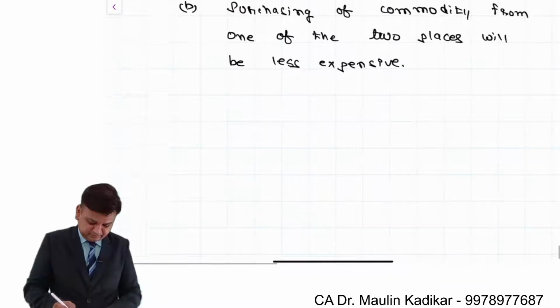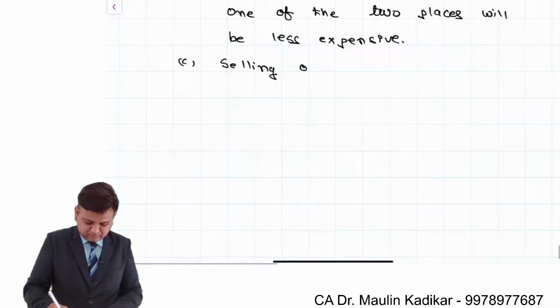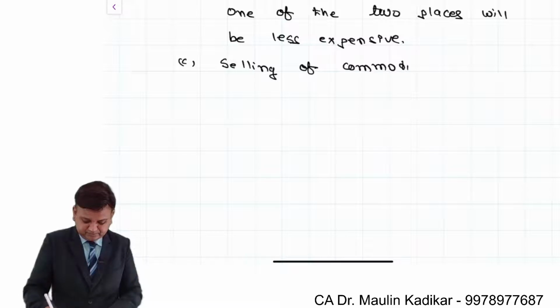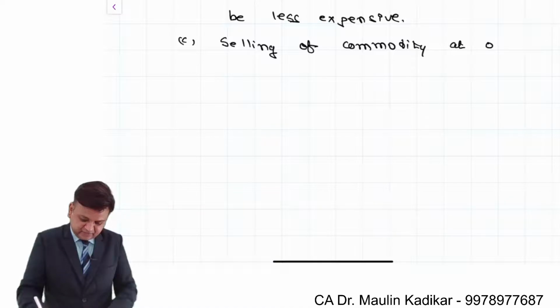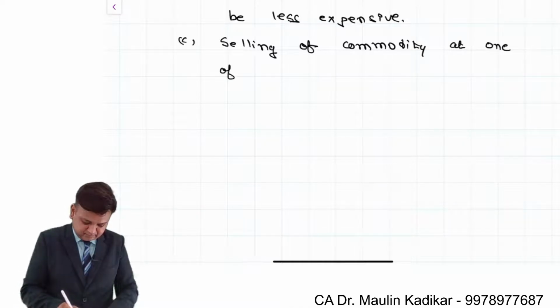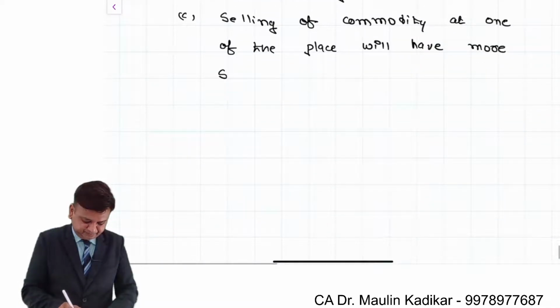C, selling of commodity at one of the places will have more sale value. Full stop.